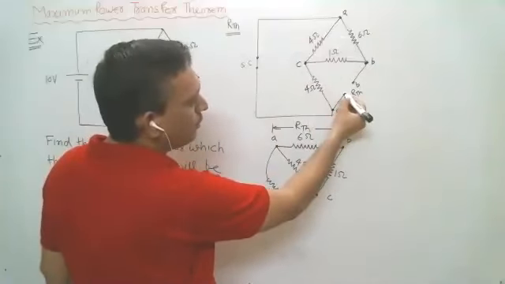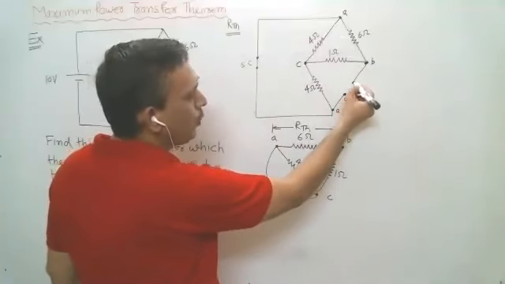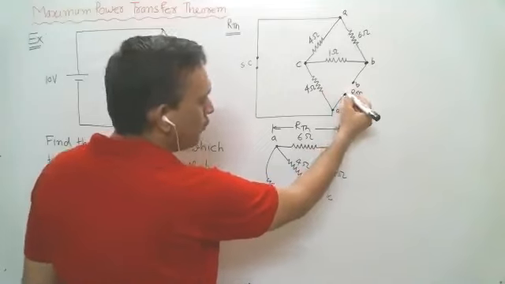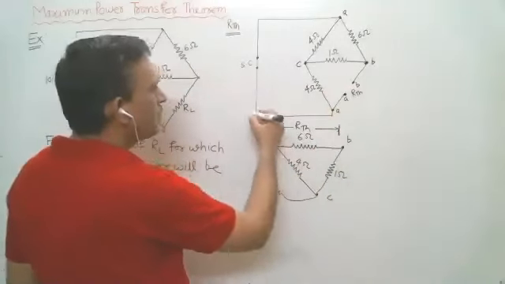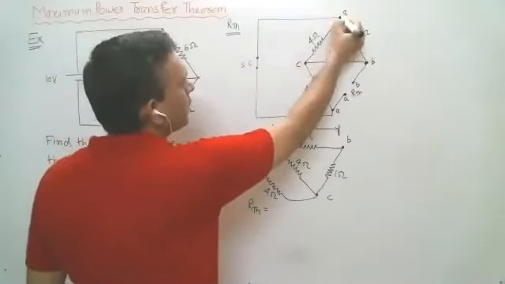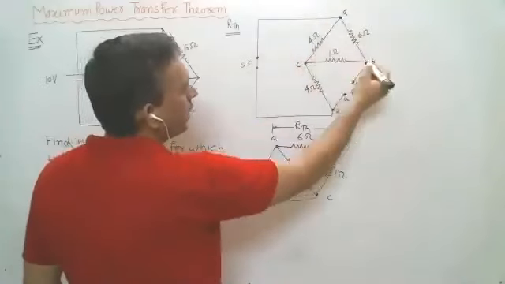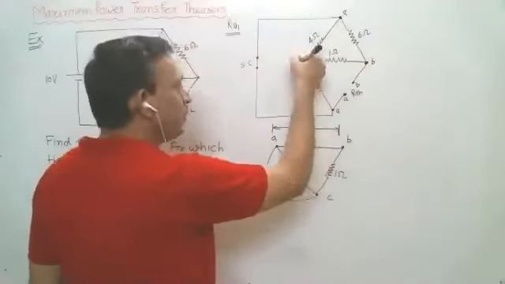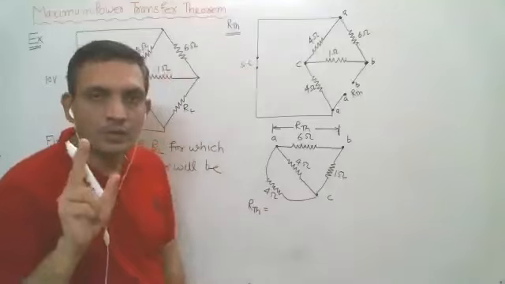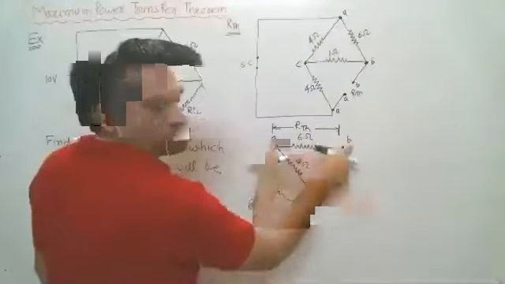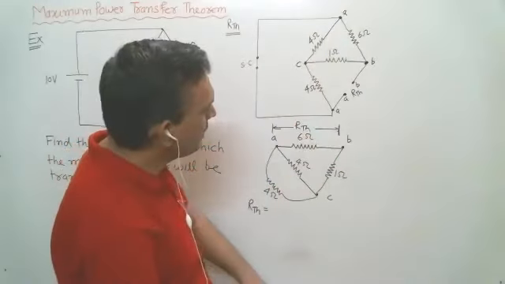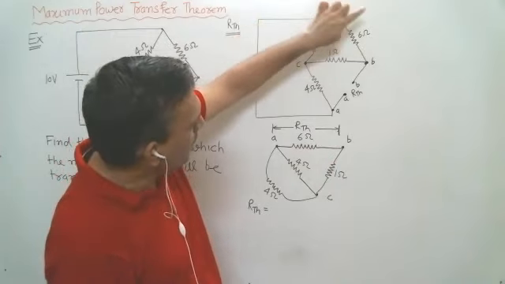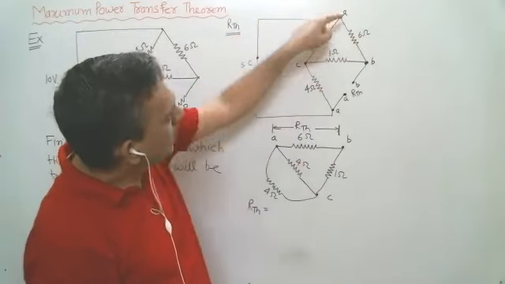You have to find the equivalent across points A and B. If you take this point A, this is short circuited, so this point is also A. They are common points. This point is B, and I have taken this as point C. So you have 3 points, A, B, and C, and connect these resistances: across AB you have 6 ohm.